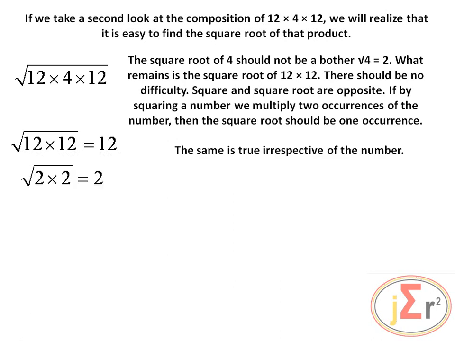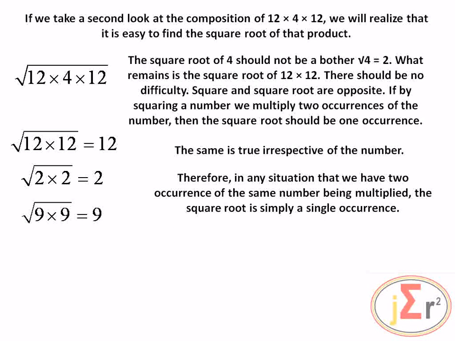So if we have the square root of 2 times 2, then that is equal to 2. Also, the square root of 9 times 9 is equal to 9.